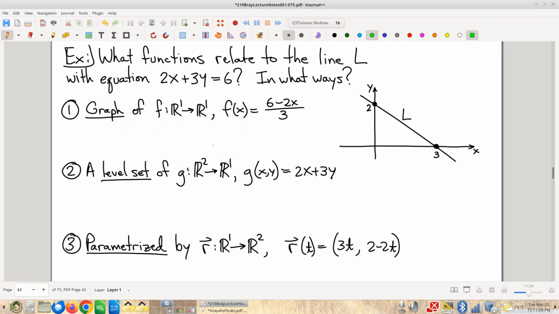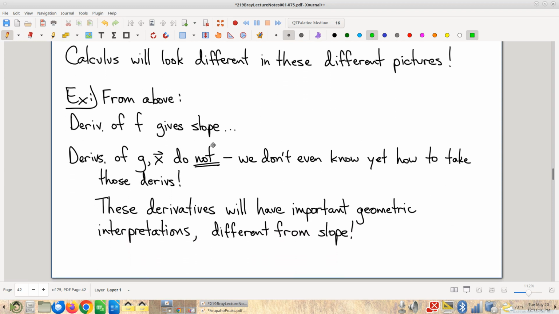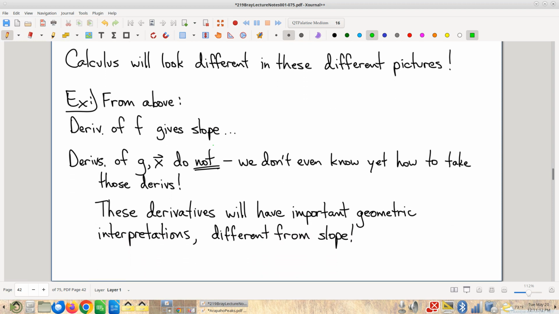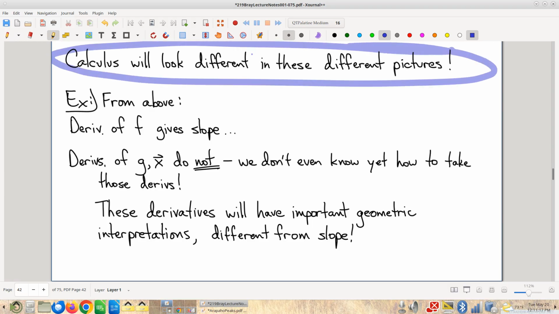Okay, moving along. By the way, it's worth recognizing why we are fussy about this in a multivariable calculus class. It's because calculus is going to look different in all these different kinds of pictures. Y'all remember from Calc 1, y'all have seen a bunch of what I'm going to call the calculus of graphs. Derivatives have a geometric interpretation as slope.